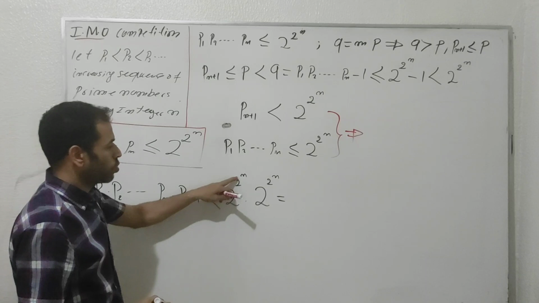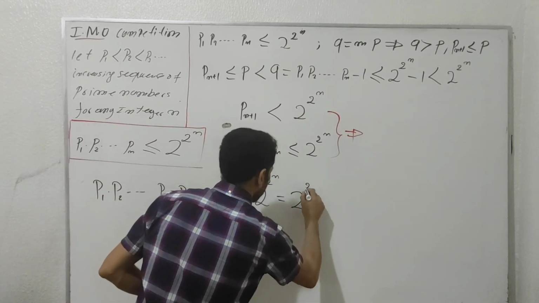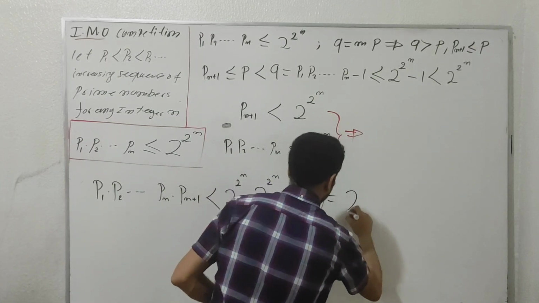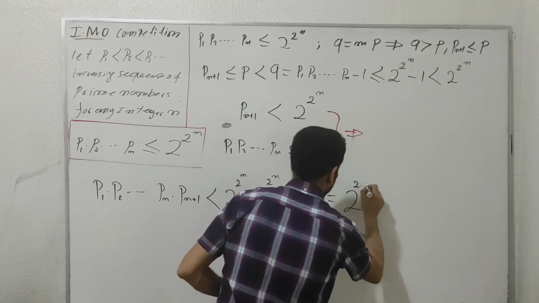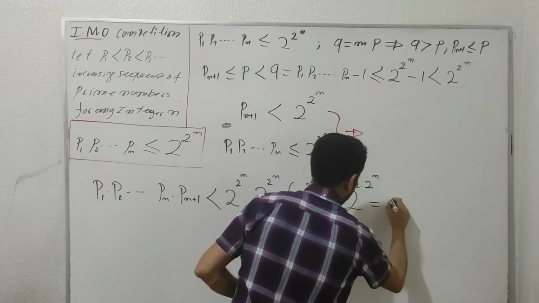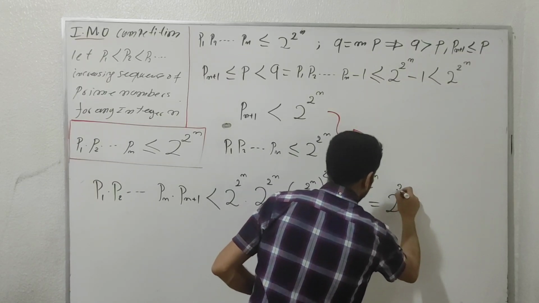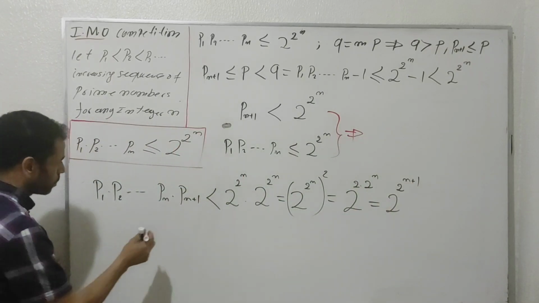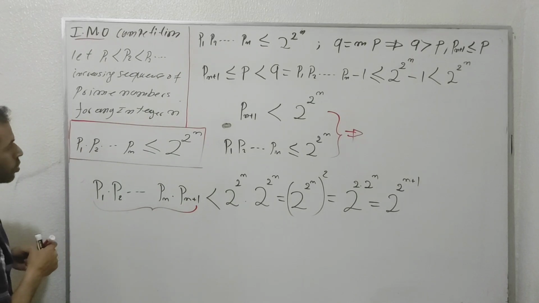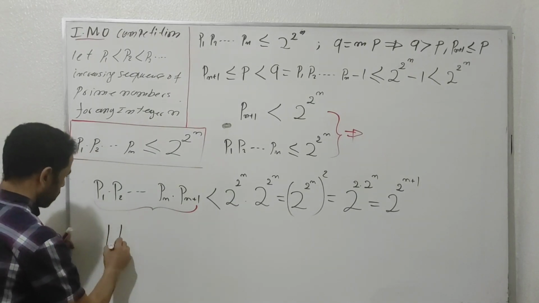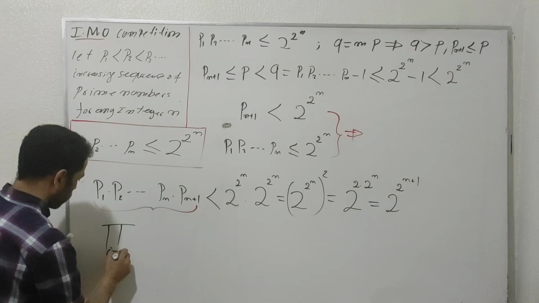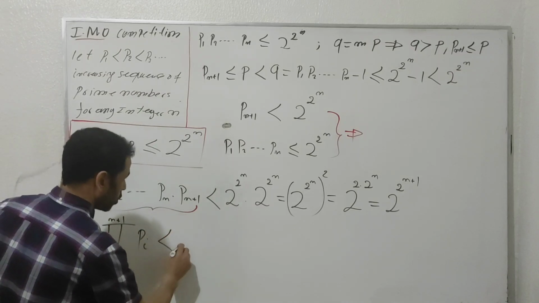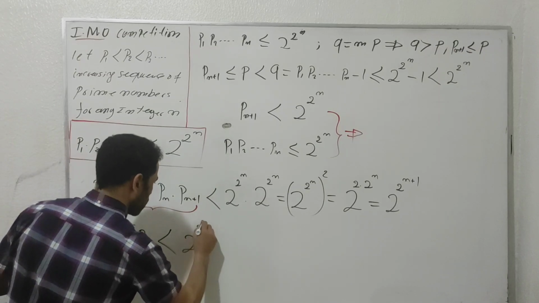This gives us 2 to the 2n, which is 2 multiplied by 2 to the n, and this equals 2 to the n plus 1. This is the product I was looking for: the product of Pi as i runs from 1 to n plus 1 is strictly less than 2 to the n plus 1.